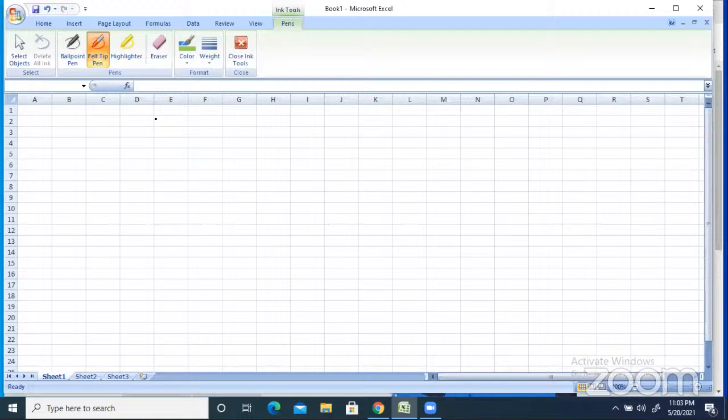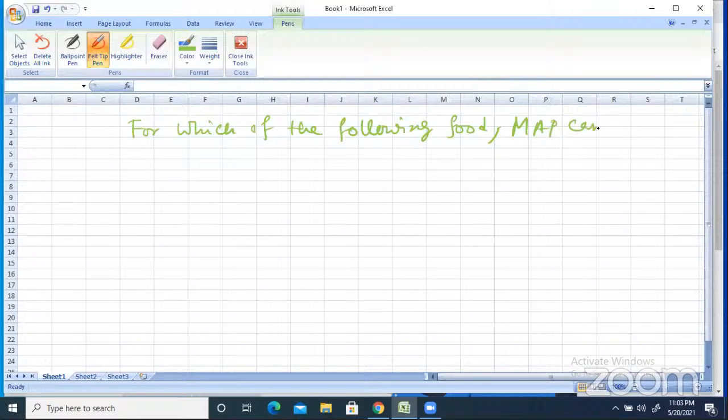Next one. For which of the following food is MAP not used? What is MAP? Modified atmosphere packaging. Can you tell me the difference between CAP and MAP? In MAP, we are replacing the oxygen with nitrogen.